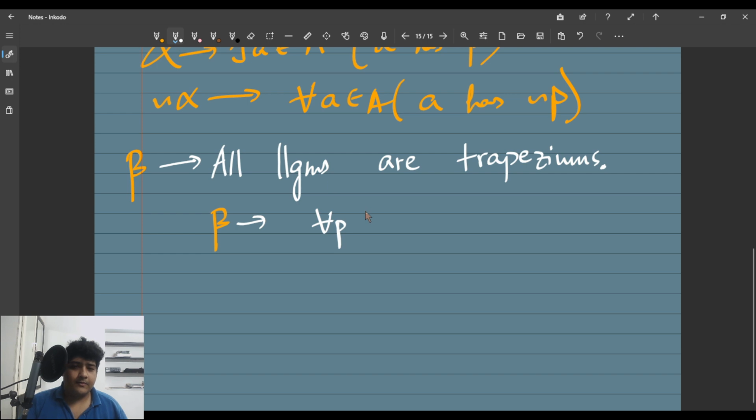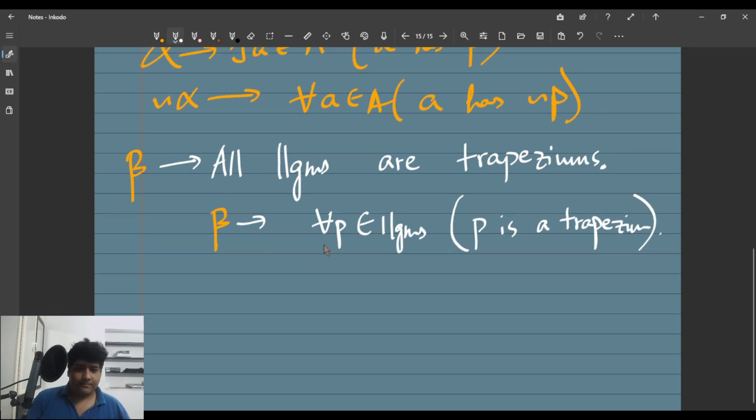So for all p belonging to the set of parallelograms, what is the property that p has? P is a trapezium. This is the statement beta is making. Beta is the statement. So what is not beta?